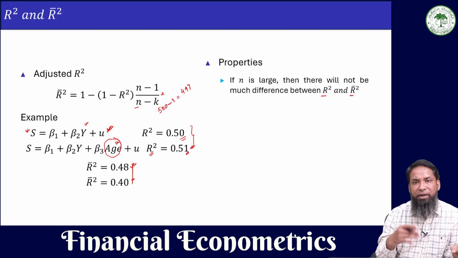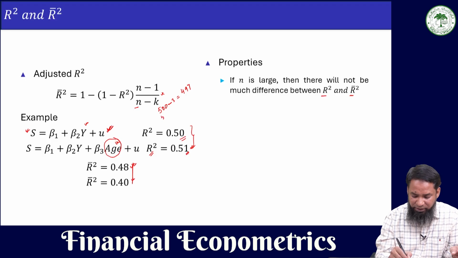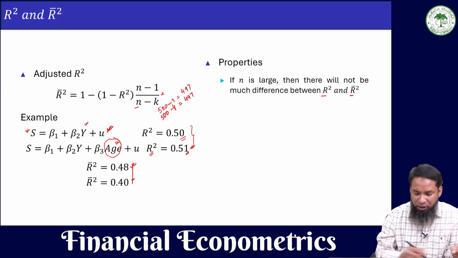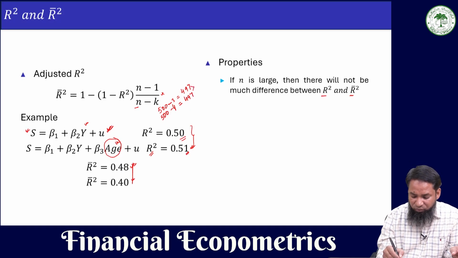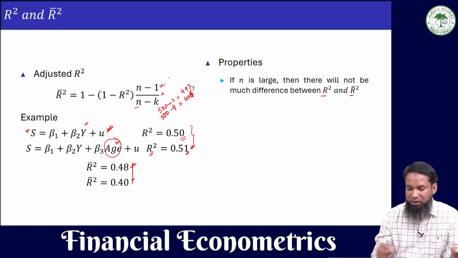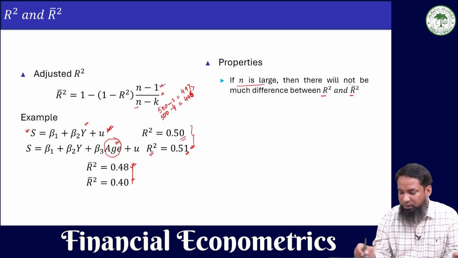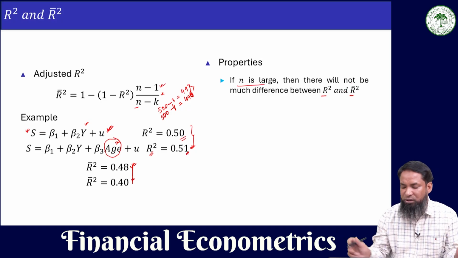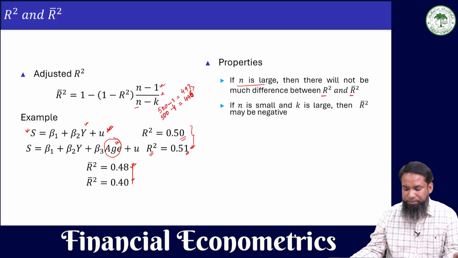Now let us say we add one more regressor. In that case, this becomes 4 and here we have 497. Now the variation of 1 does not make much difference in this case. So that's what we say, if n is large, then there will not be much difference between the R square and adjusted R square.